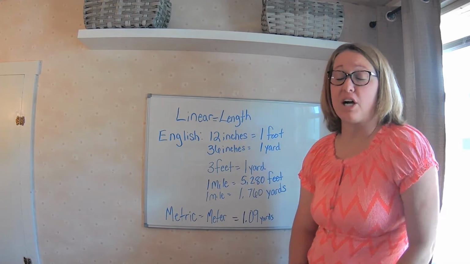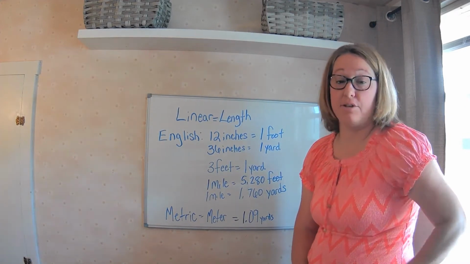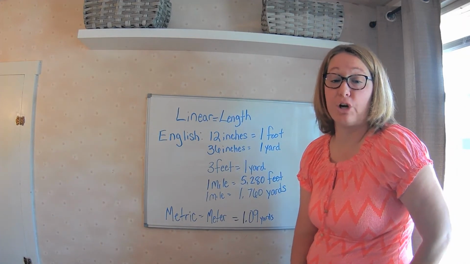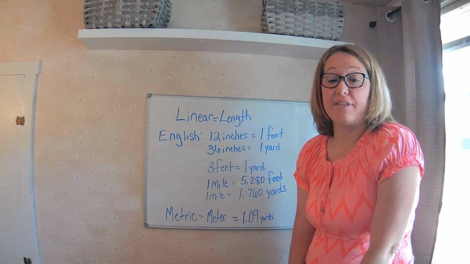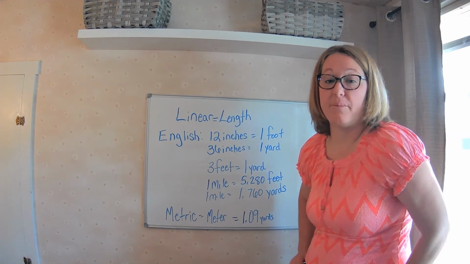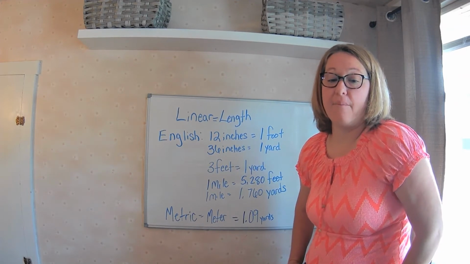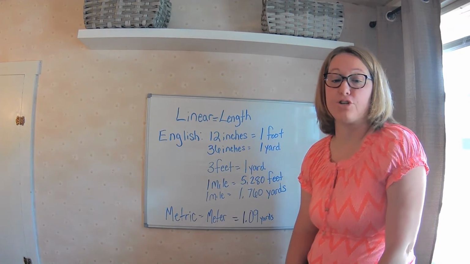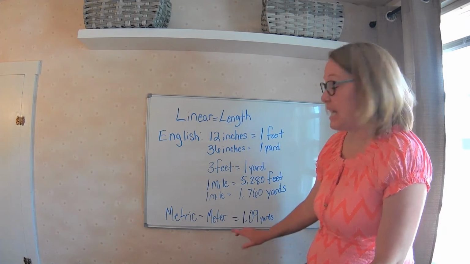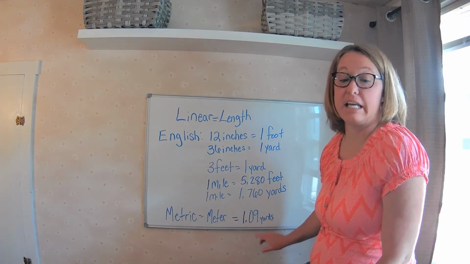Now, we've talked about some metrics. The unit for linear, for length, is a meter. It's the most common. They also use centimeter and kilometer for length. A meter is slightly larger than 1 yard. It's actually equal to 1.09 yards.